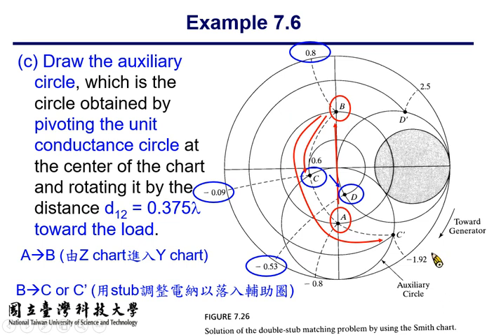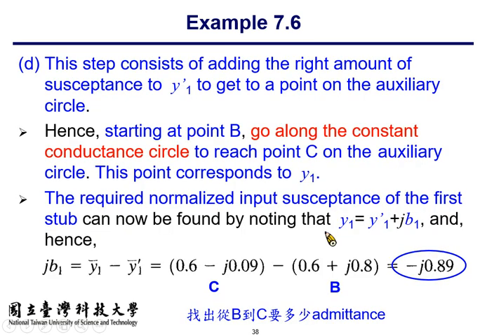Therefore, the required susceptance will be the addition of the magnitudes of the two numbers, so it's minus 2.72, I guess. All right, that will be your first solution for the first stub.